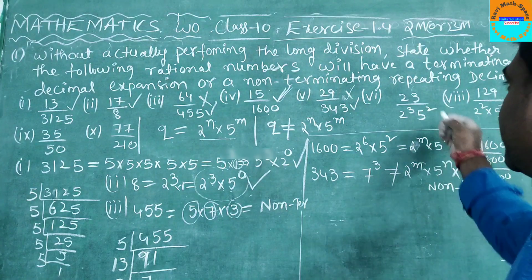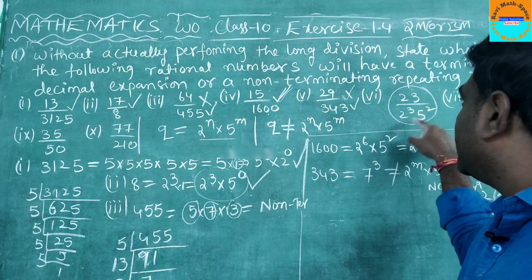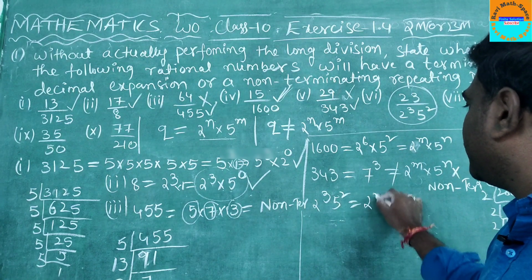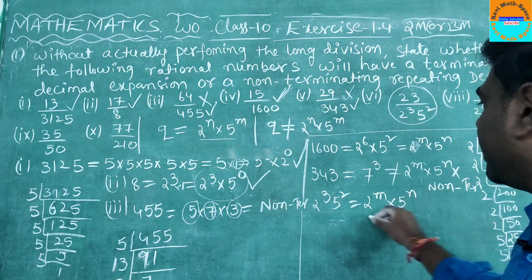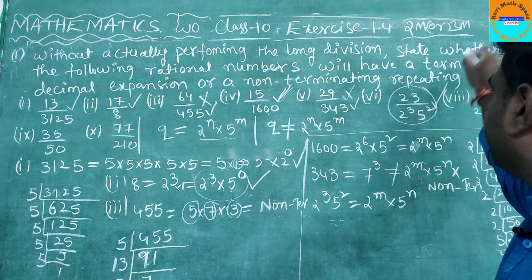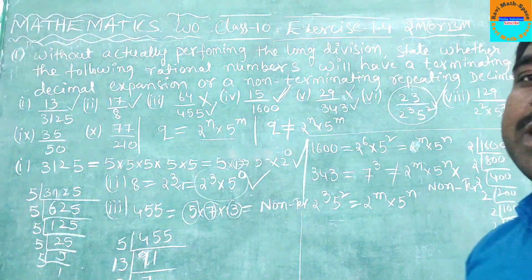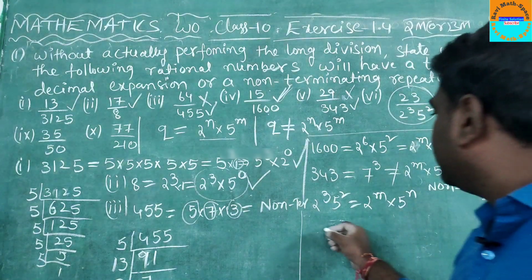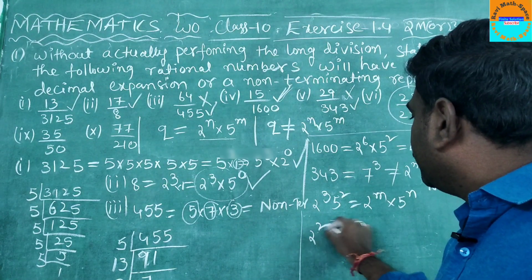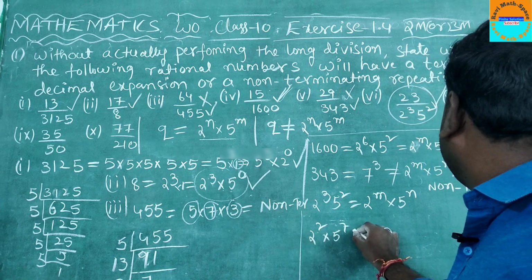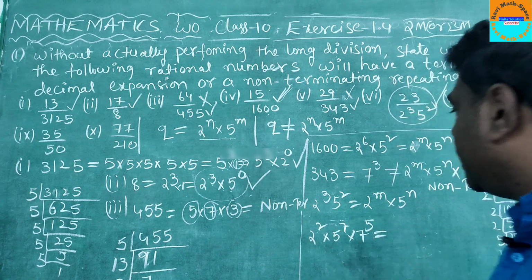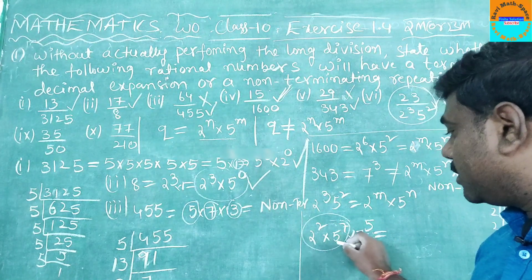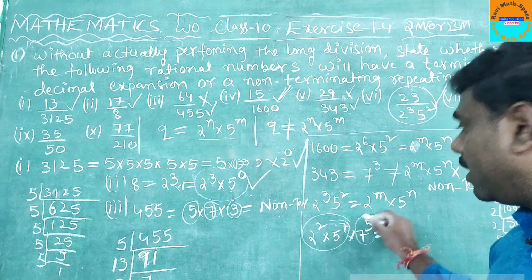Next problem is the sixth problem. By seeing only we can understand. In the sixth problem, what is the form of the denominator? It is already given as 2 power m into 5 power n, so there is no need to find the prime factorization. Therefore it consists of a terminating decimal expansion. Now the eighth problem: the denominator is 2 square into 5 power 7 into 7 power 5. See here 2 is there, 5 is there, but another factor is also involved.